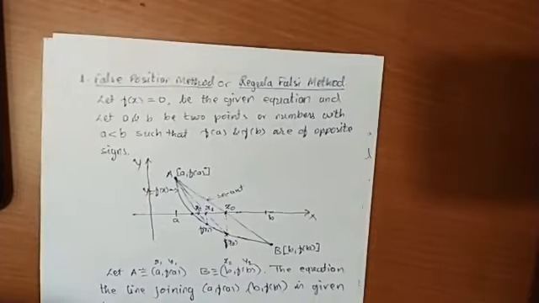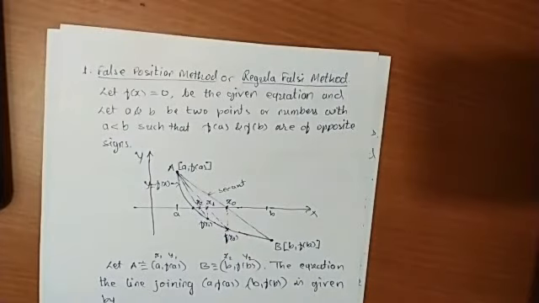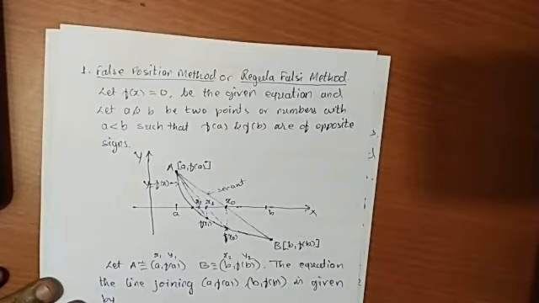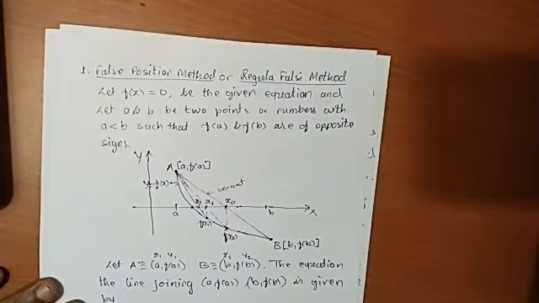Now, what we do, we assume that the point at which AB cuts the x-axis is the new improved root x0.